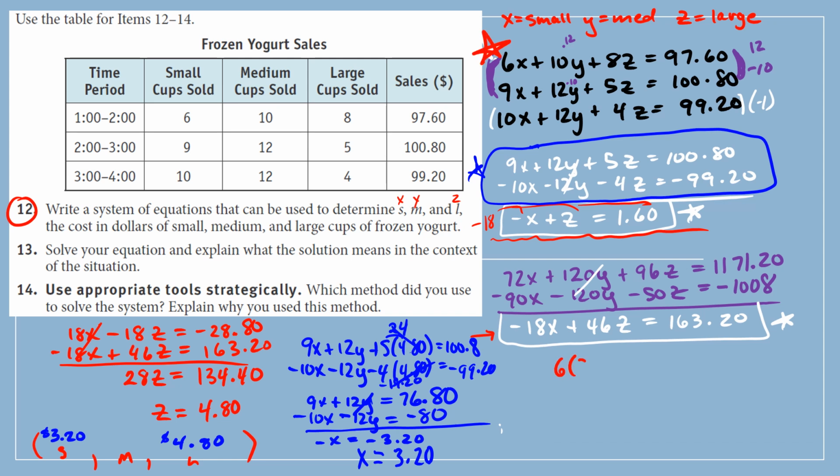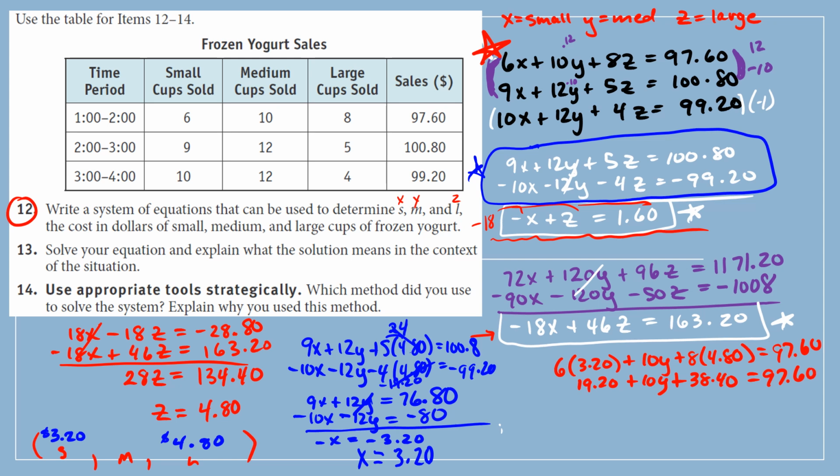So 6 times 3.20 plus 10y plus 8 times 4.80 needs to equal 97.60. So we get 19.20 here plus 10y, and 8 times $4.80 is $38.40, equals 97.60.